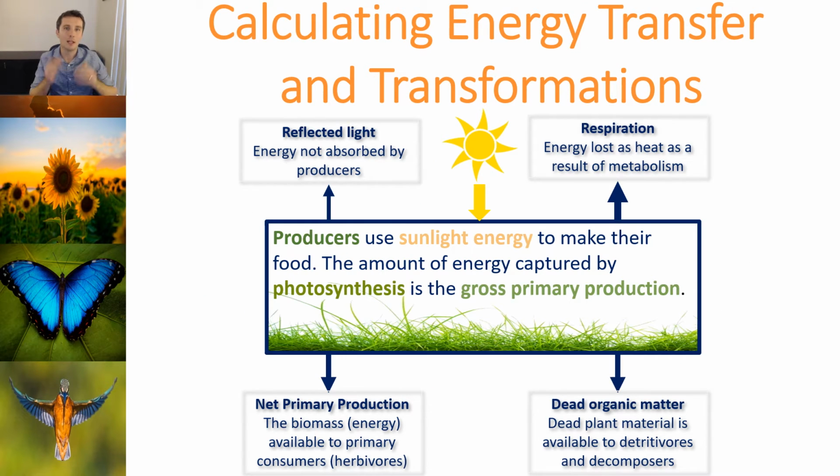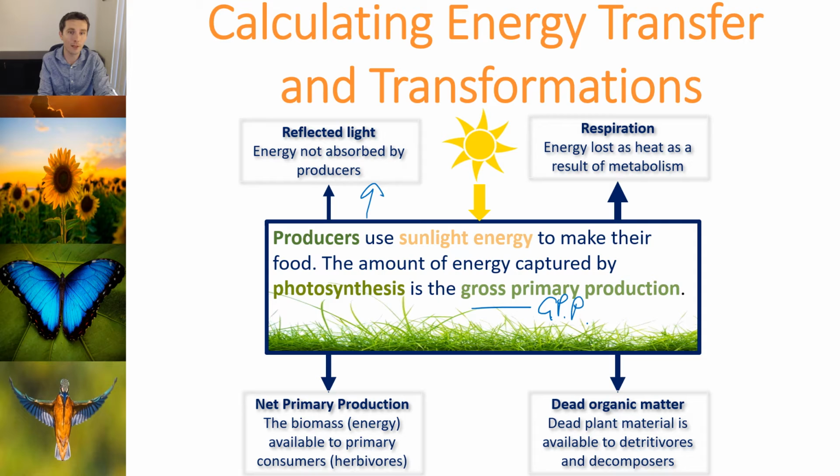When we look at these energy transfers, there are a couple of important things you have to understand. Producers will use sunlight to make their food. The amount of energy captured by photosynthesis we refer to as our gross primary productivity, which you should remember is GPP. When you consider this, you've got the energy from the sun, but not all of that energy is used.